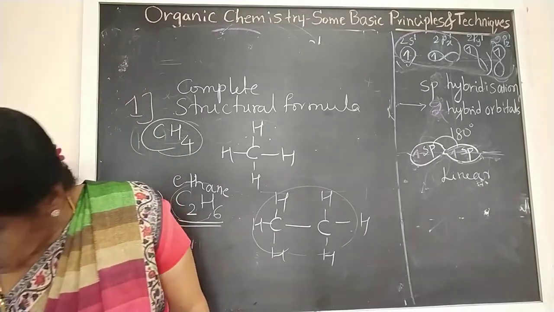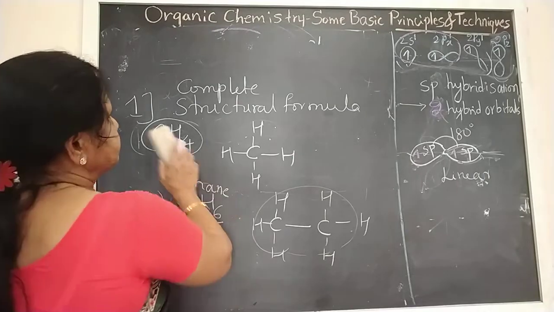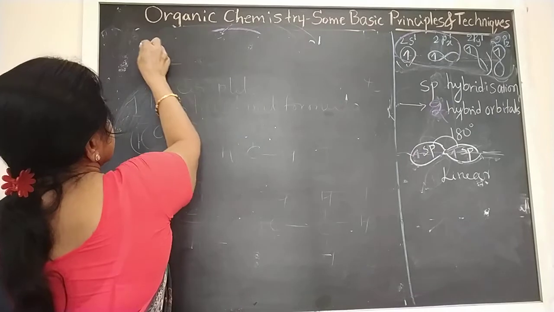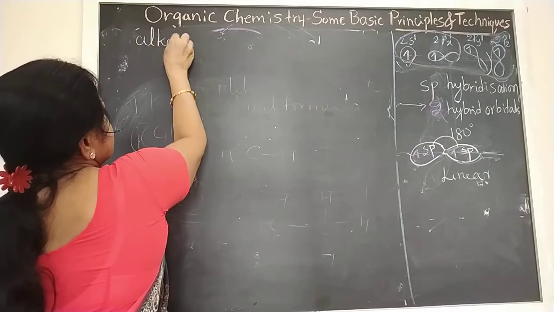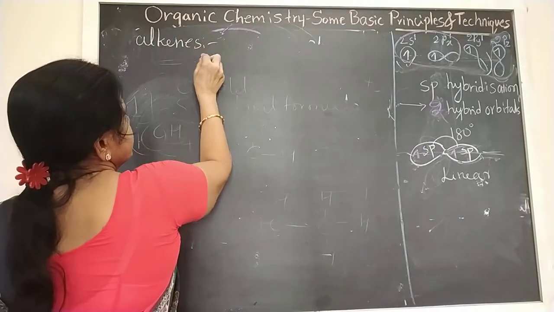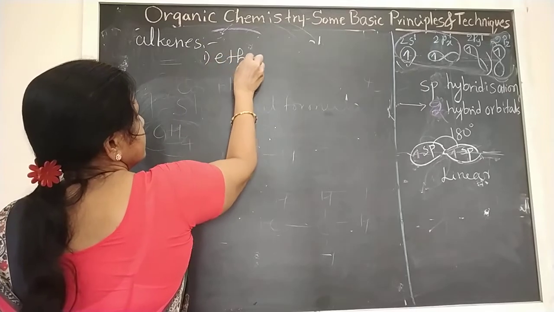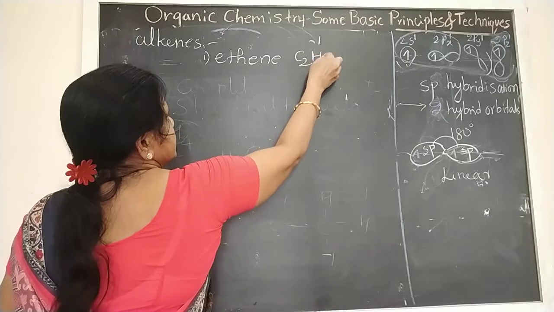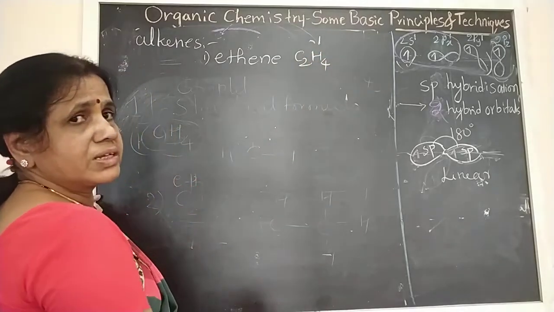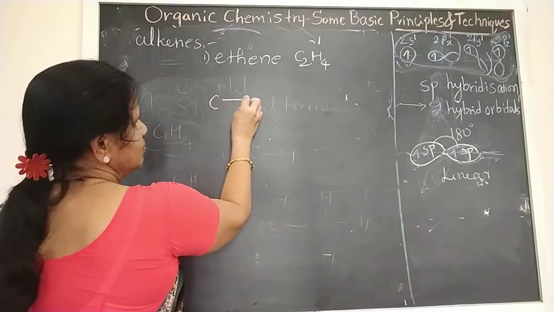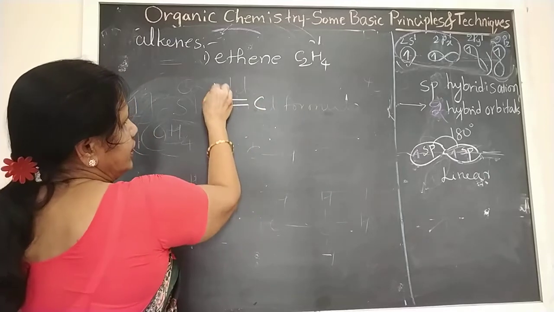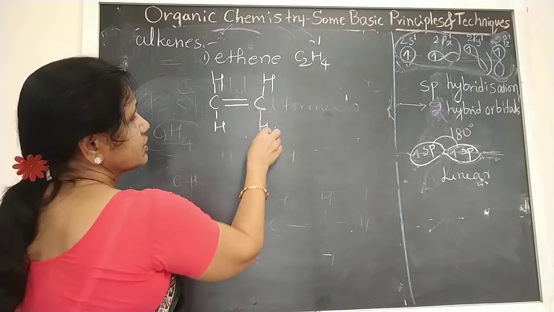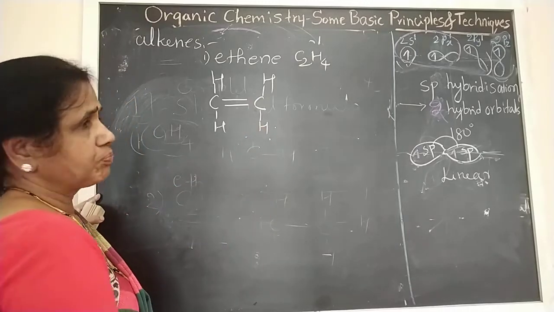And then in the case of alkenes, first you take ethene. The ethene formula you know, C2H4. What is the complete structural formula? C double bond C, with H. This is the complete structural formula.